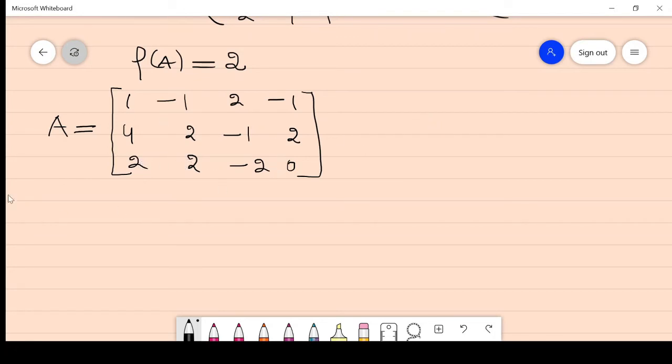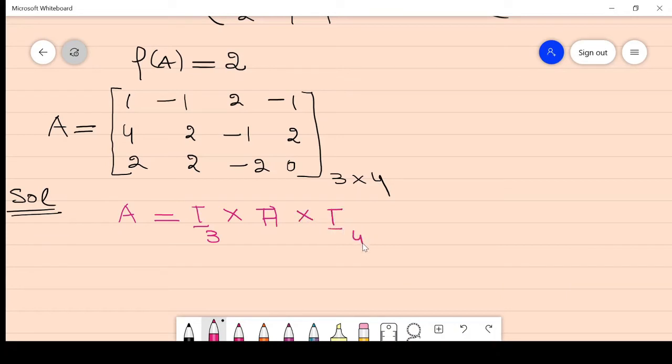So my aim is again, as per the previous question, to find P and Q. Now here it is a 3 by 4 matrix. So we can write it as I3, the identity matrix of order 3, into A and into the identity matrix of order 4.